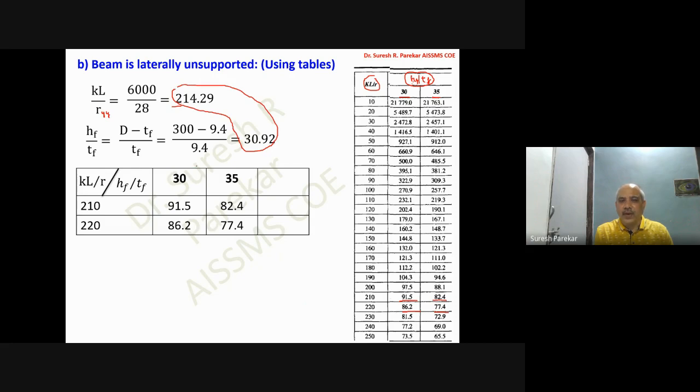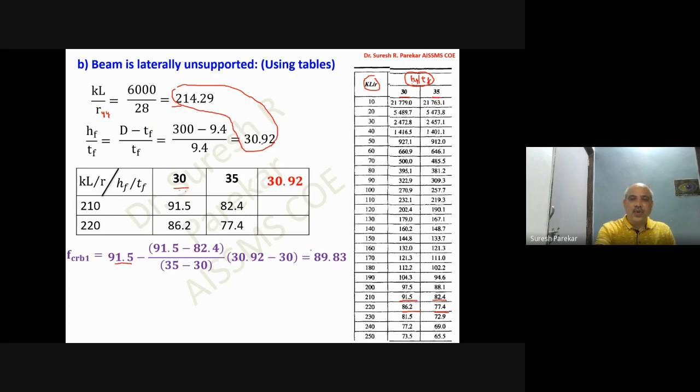So now here we have interpolation twice. First we have to find the value for 30.92, for 210 and 220. For this one we will first find the value of KL upon R 210. So we have 91.5 minus 82.4 divided by 35 minus 30 into, so we have taken 91.5, this is related with 30, and therefore we have 30.92 minus 30, which gives us 89.83.